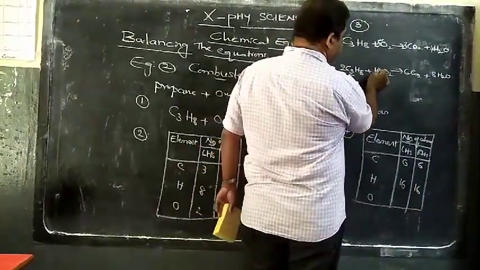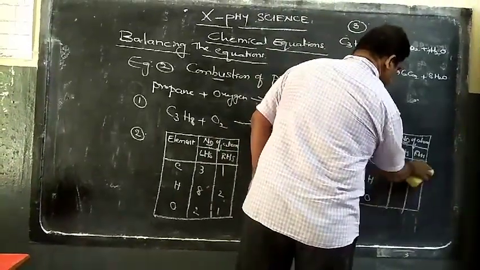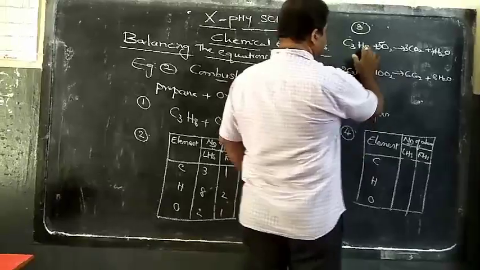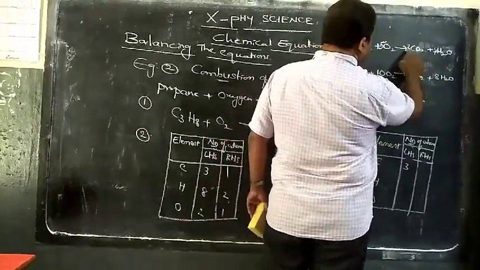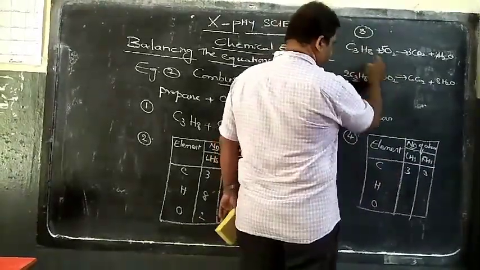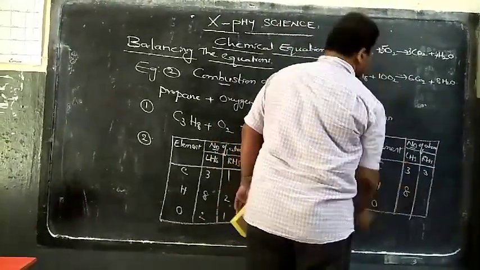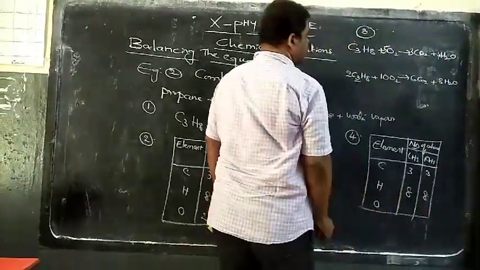Let us check the simplest form. Left side 3 carbon atoms, right side also 3 carbon atoms. Left side 8 hydrogen atoms, right side 4 2s are 8 hydrogen atoms.